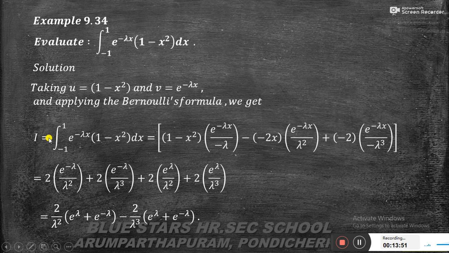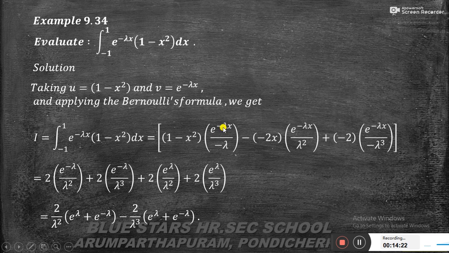So now I write the given integral, from minus 1 to plus 1 of e power minus lambda x into 1 minus x square dx, equal to: here u means 1 minus x square, and v means you integrate e power minus lambda x, which is e power minus lambda x by minus lambda. Next minus, again I differentiate this. Differentiation of 1 minus x square is minus 2x, I write it.